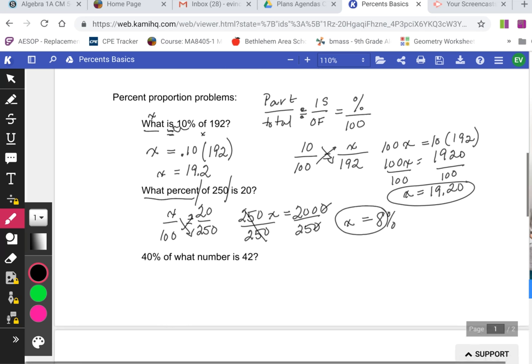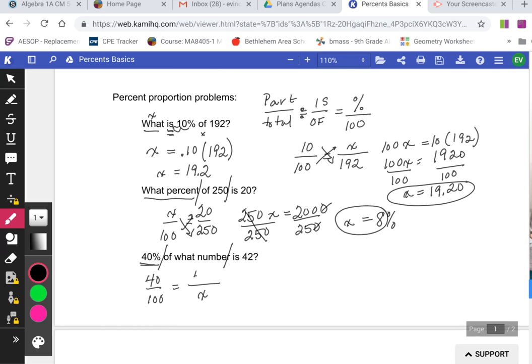Okay, one last one. 40% of what number is 42? So we have our percent this time. So 40 over 100 equals, we have of what number is 42. We don't know the of part, so that's going to be our x, and 42 is in our numerator. So this time, again, we're going to cross multiply.